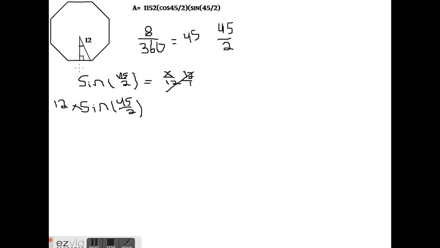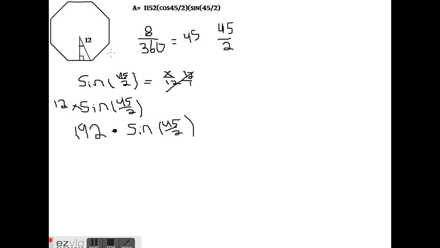And then 24 times 8 is 192. So we get 192 times sine 45 over 2. So that is our perimeter.